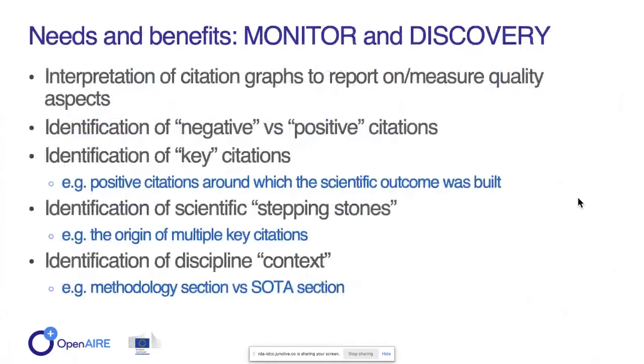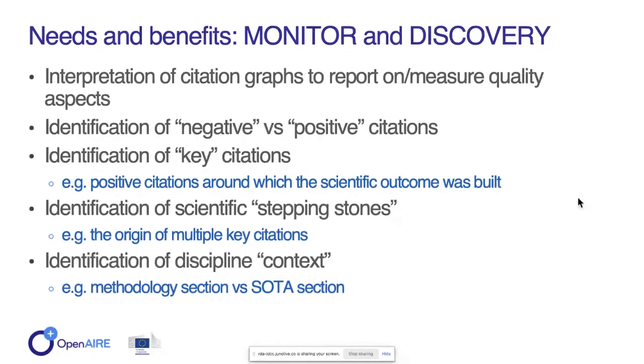And when we think about in-context citations, there are so many things that we can think of. Here I'm just mentioning a few, which I met in my scientific life, and that are all very relevant for both monitoring and discovery. Of course, we need to interpret citation graphs and to report and measure qualitative aspects.